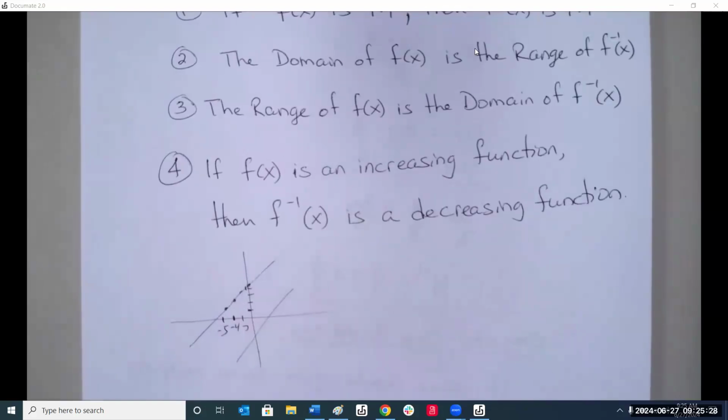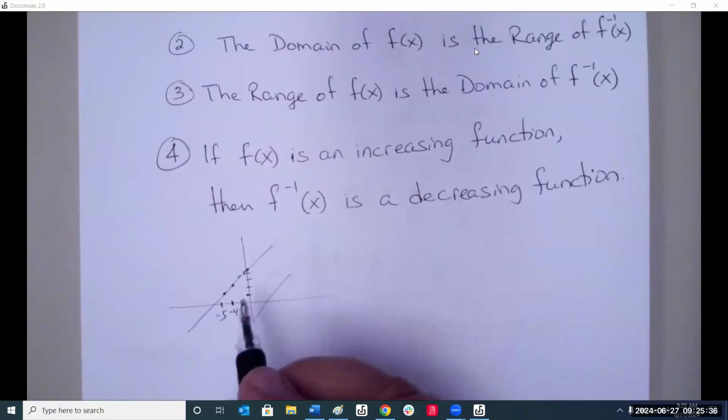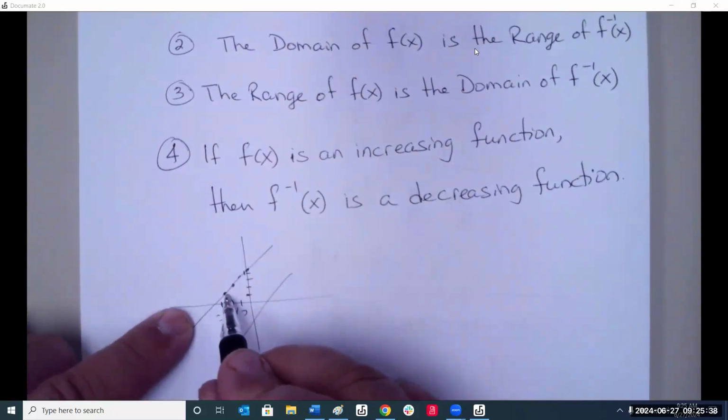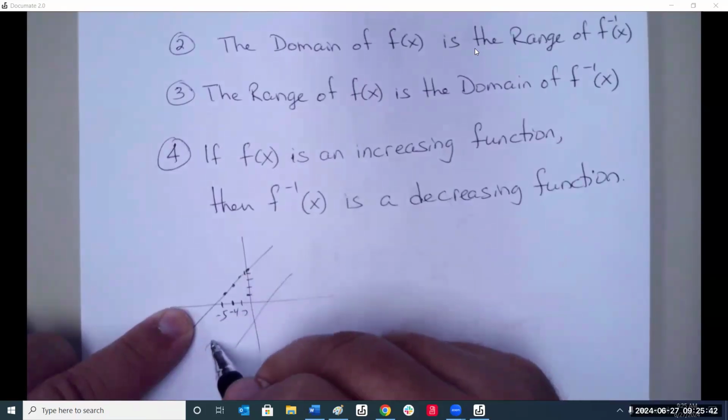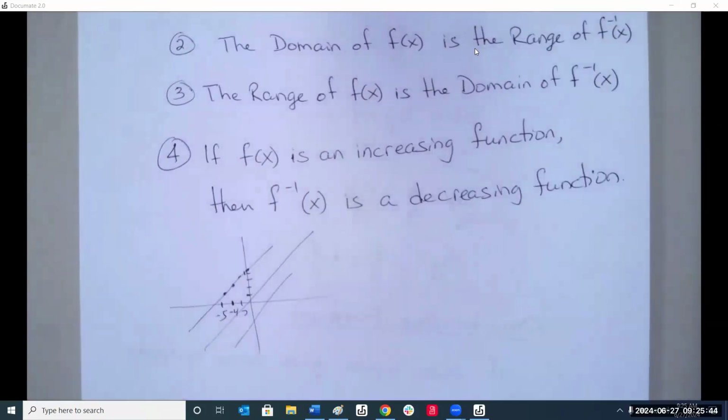Or 0, 1. 0, 5. Let's see. Well, yeah, if it's a straight line, it has to, because it's reflected about the origin.